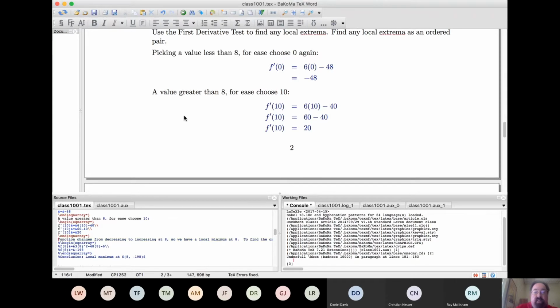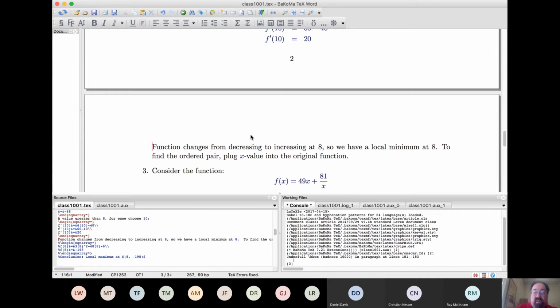Because it changes from decreasing to increasing, going down and then back up, that is a local minimum at x equals 8. Now to complete the ordered pair, we substitute that into the original function, into f.